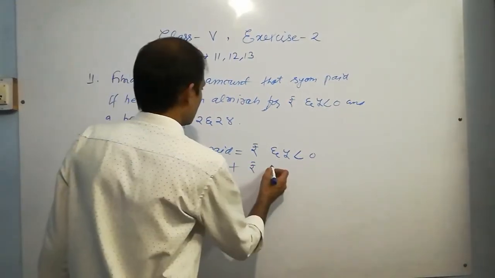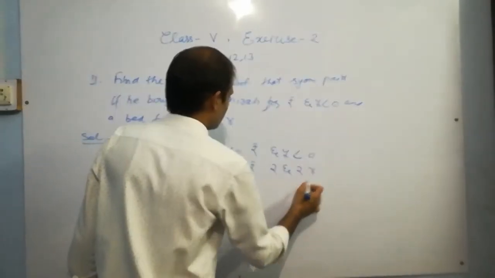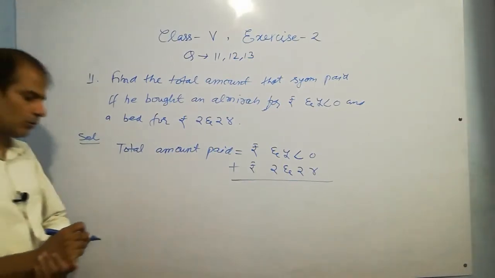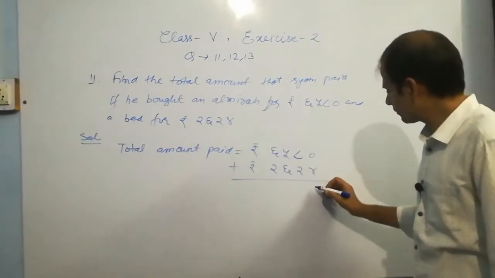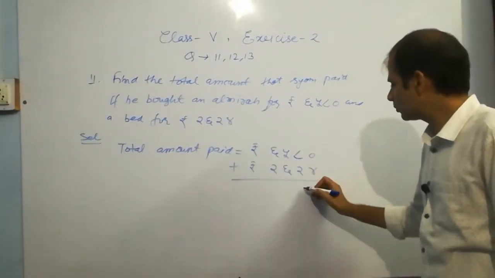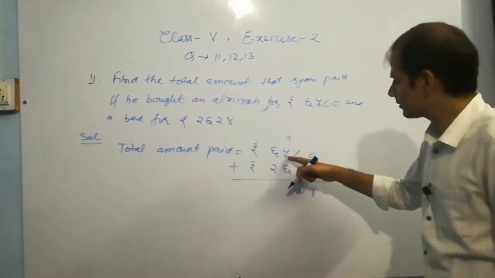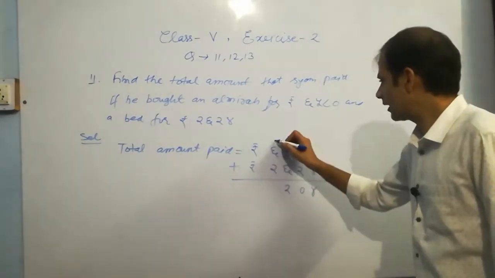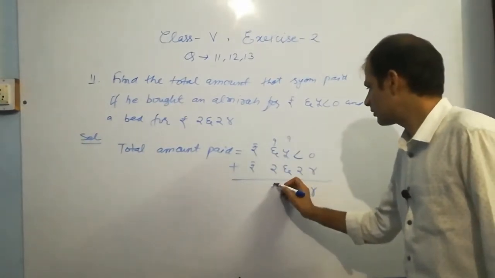Rupees 2624, and be aware about the addition. So I am going to perform the addition. 0 plus 4 is 4. This is 8. 8 plus 2 is 10 and 1 carry. 1 plus 5 is 6 and 6 plus 6 is 12. Again 1 carry. 1 plus 6 is 7 and 7 plus 2 is 9.